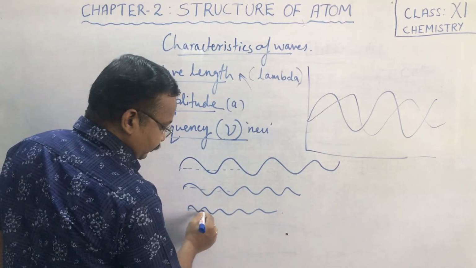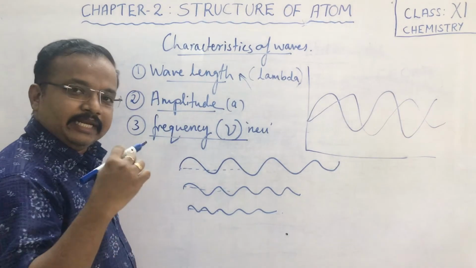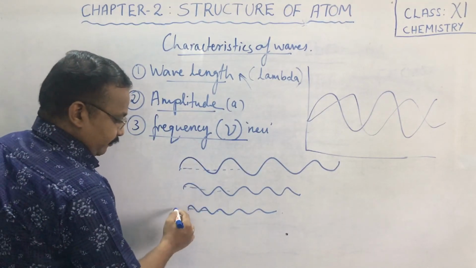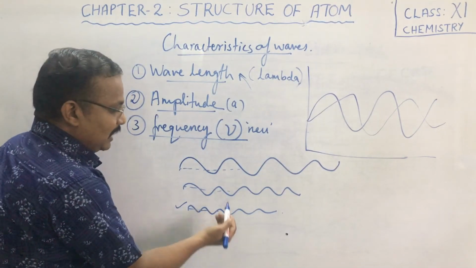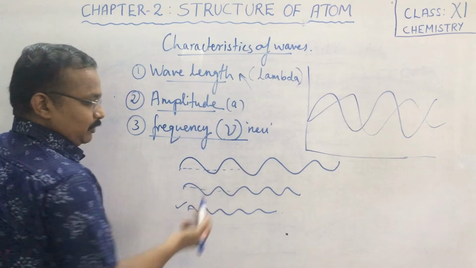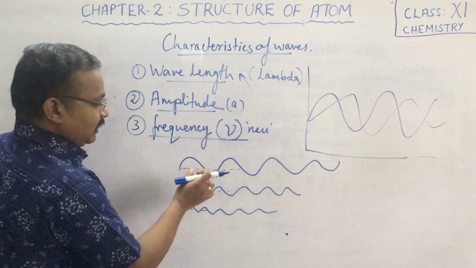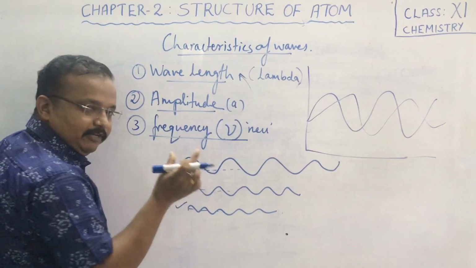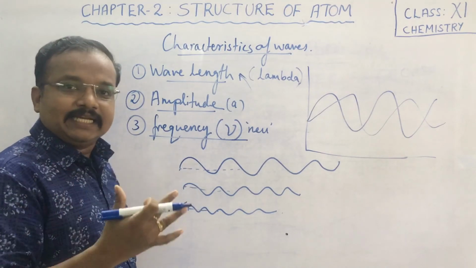But if you look at the number of waves present, this has got more waves as compared to this one. So what you have to understand here is, when the wavelength decreases, the number of waves increases.